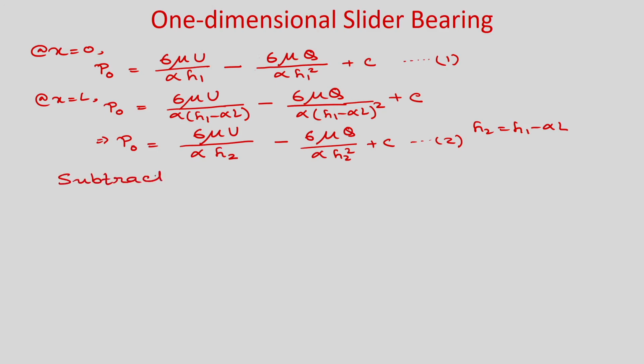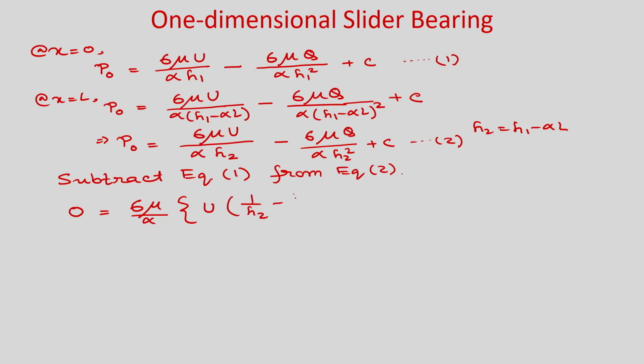Left hand side it will be 0, and here you will get 6 mu by alpha, you can take it outside, then we can write u (1 by h2 minus 1 by h1) minus q (1 by h2 square minus 1 by h1 square).